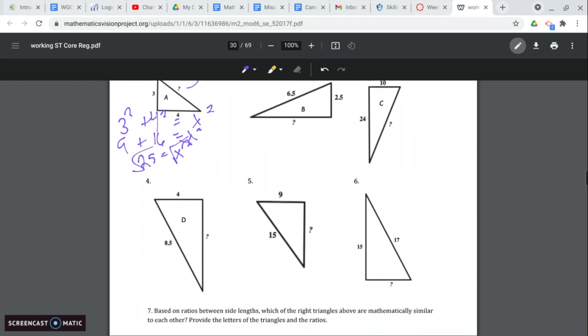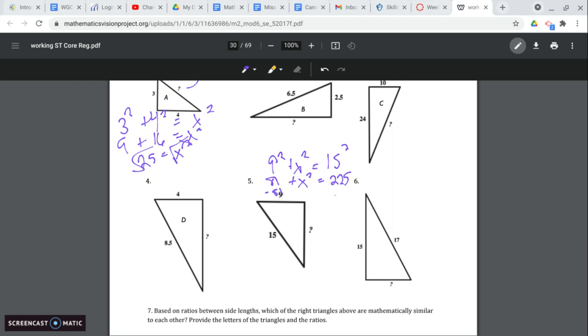All right, the next one we're going to look at is number 5. So in this case, we're missing one of the legs. So that's where the question mark is. And 9 is the other one. So we have 9 squared plus x squared equals 15 squared. So 9 squared is 81 plus x squared equals 225.